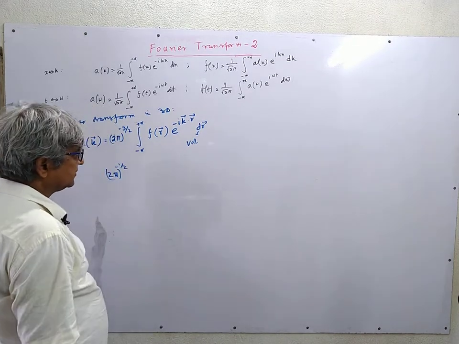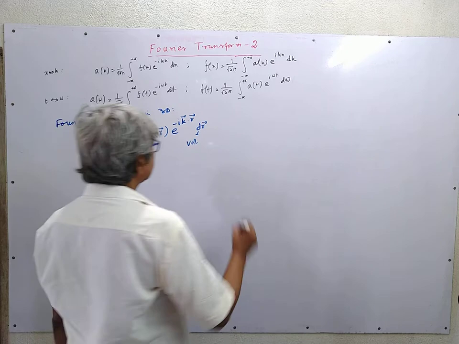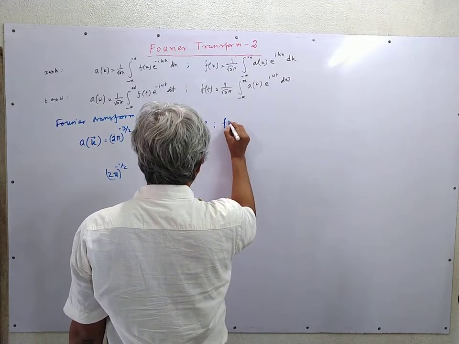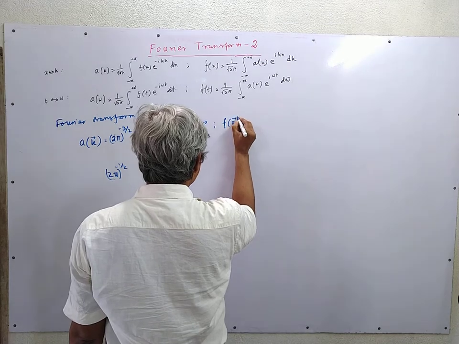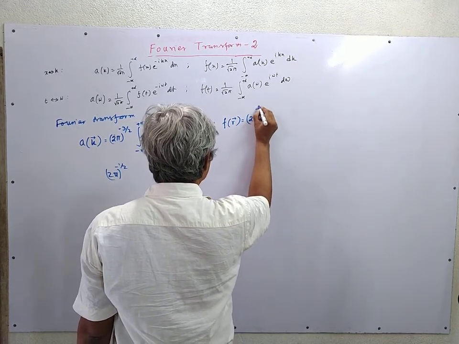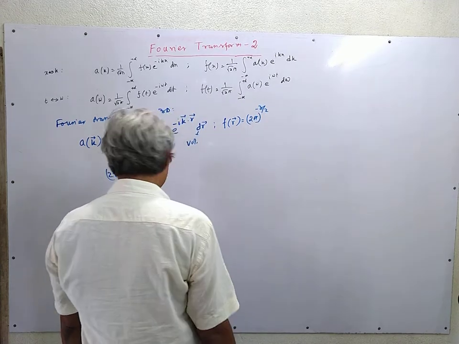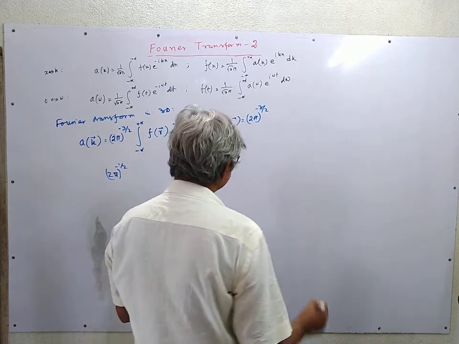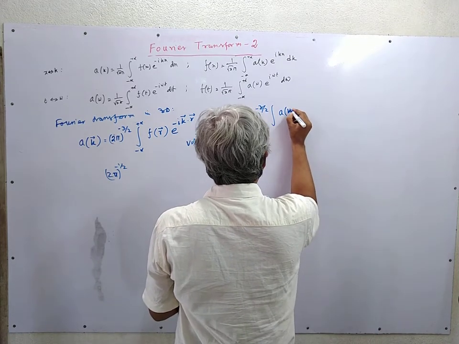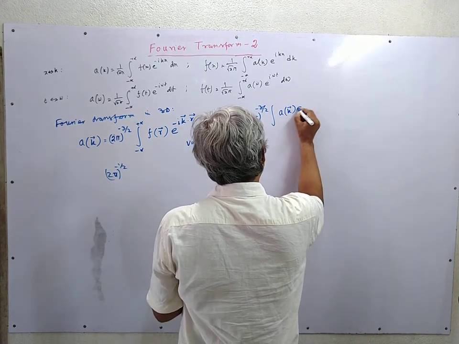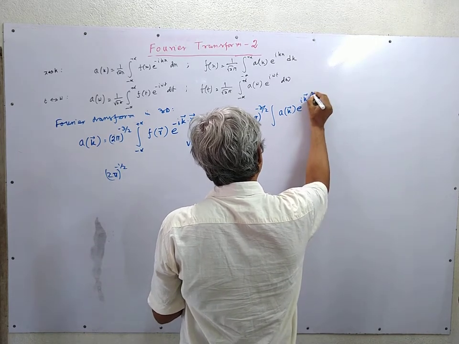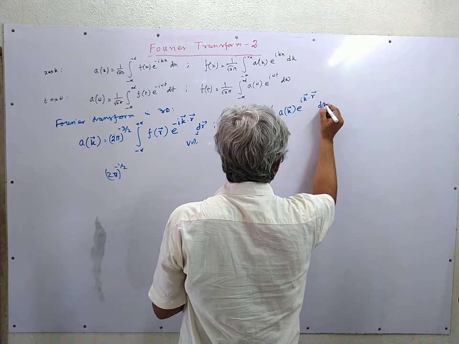And the inverse transformation is f of r is equal to 2 pi to the power minus 3 by 2, integral of a of k e to the power i k dot r d cubed k.